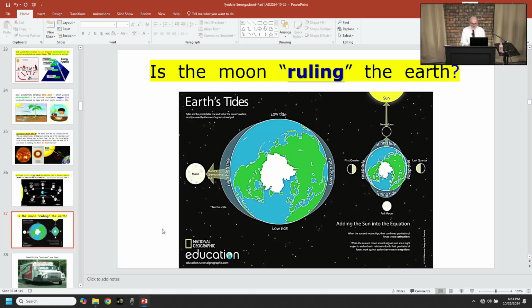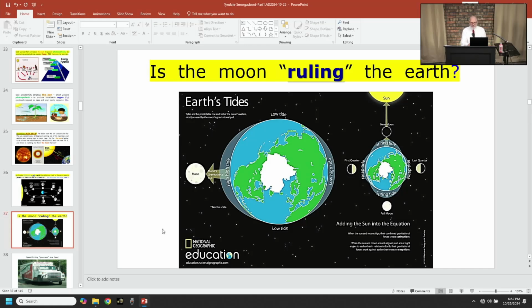And one of the most obvious illustrations of that is the tides. We have ocean tides all over the world. And we would not have those ocean tides if we did not have the orbit of the moon and the different phases of the moon that are the details of that orbit. So in that respect, the moon is ruling the earth.